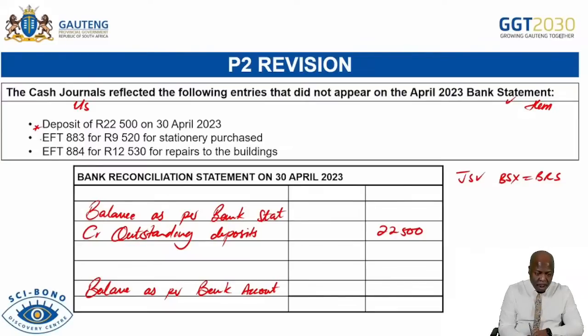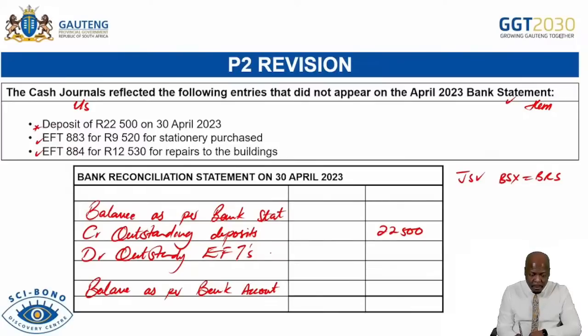And the next thing that I'm going to do now, I'll come to my EFTs. And I know that I debit my outstanding EFTs. And I must number them. Remember, the first one is 883. And it is 9,520. And the second one is 884.